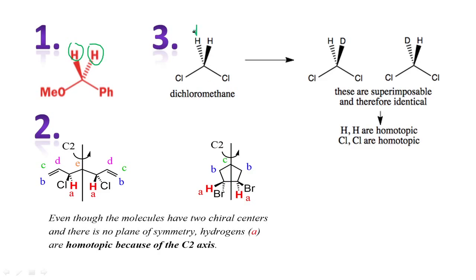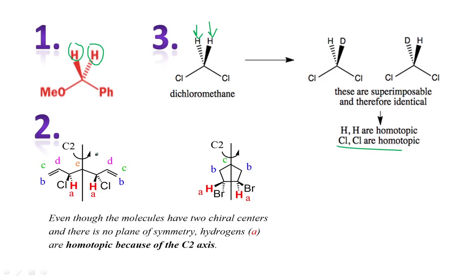Both these hydrogens are homotopic. Okay, so when you substitute any one H by D, and when you superimpose, so they are identical. Okay, so what we see is H and H are homotopic and both the chlorine atoms are homotopic.